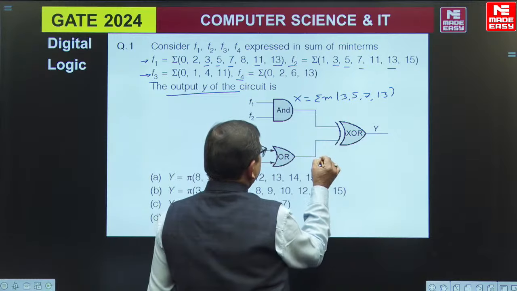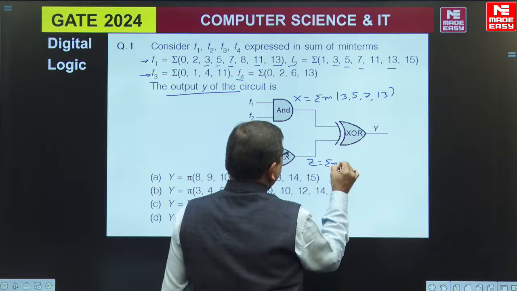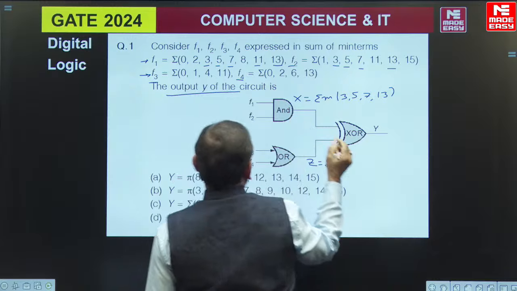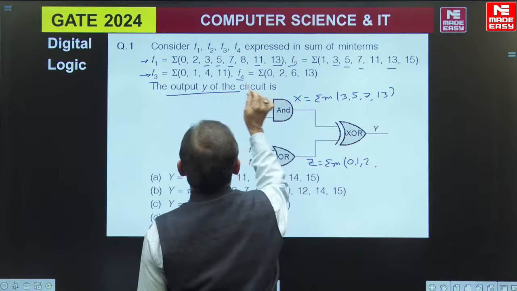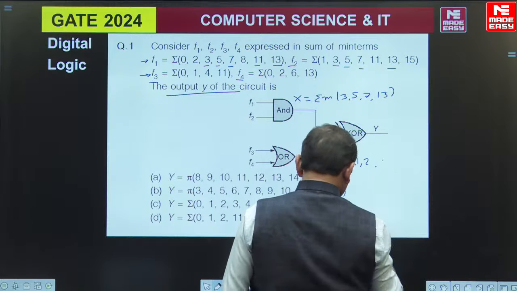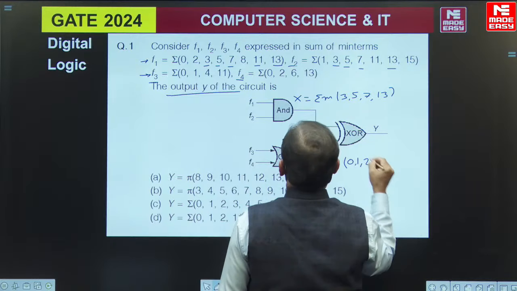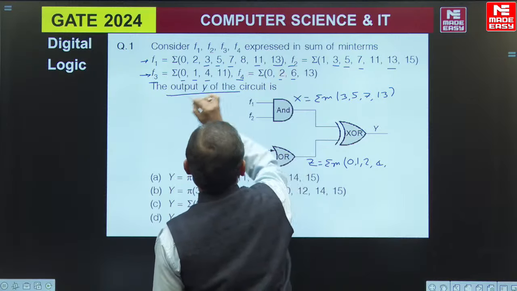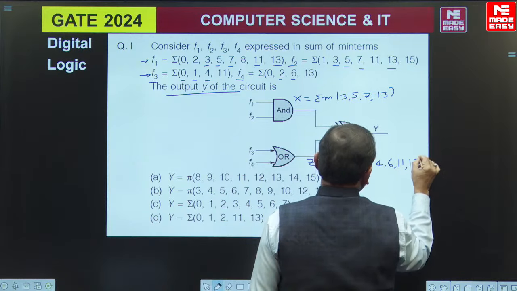If you name the OR gate output as Z, the Z minterms are 0, 1, 2, 4, 6, 11 and 13.